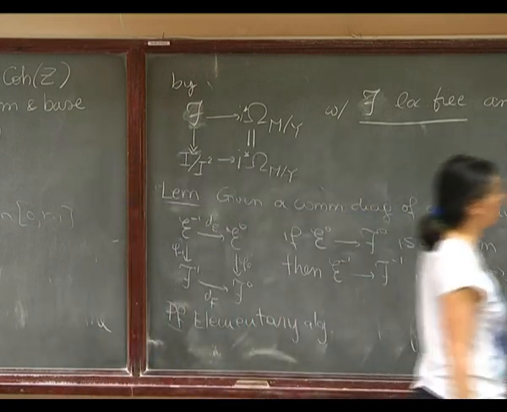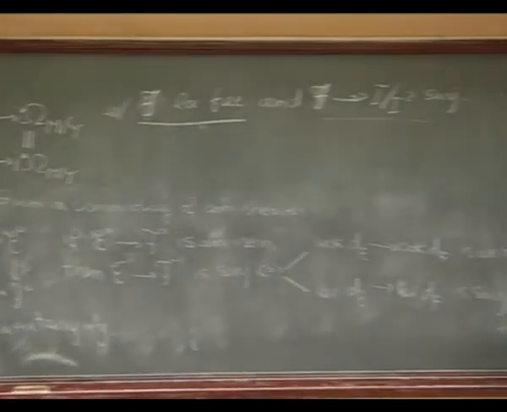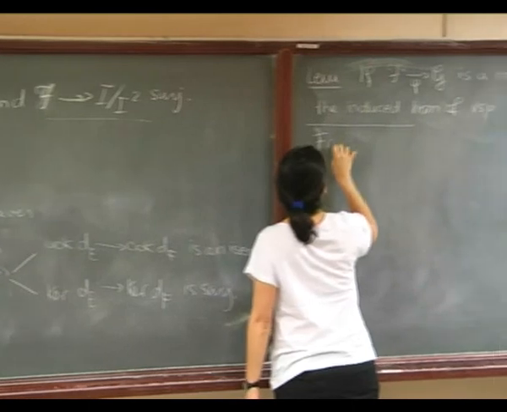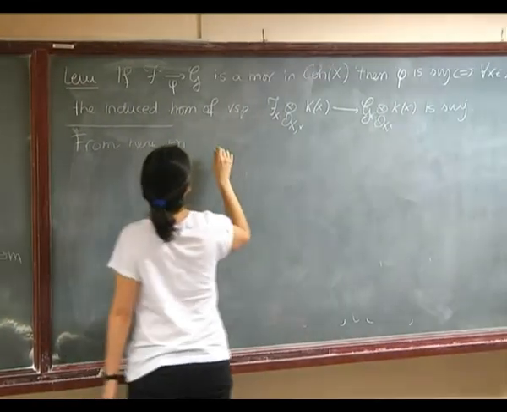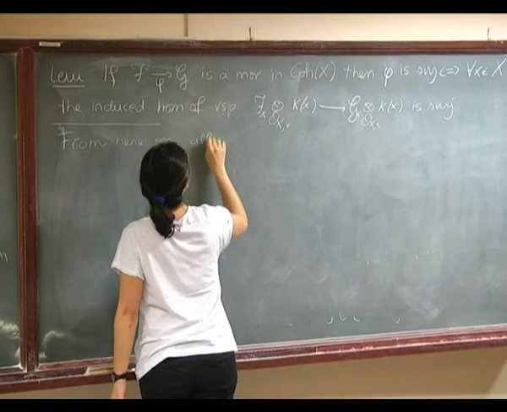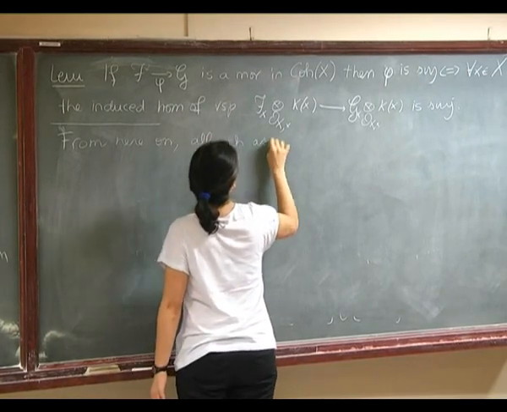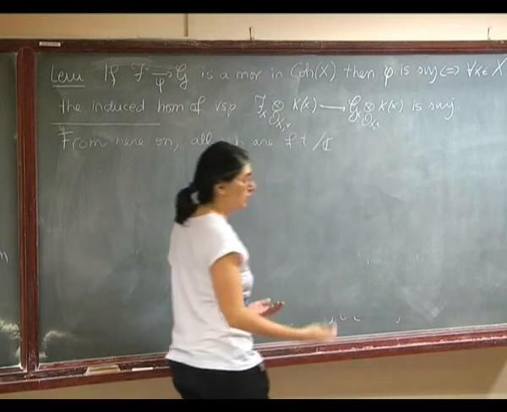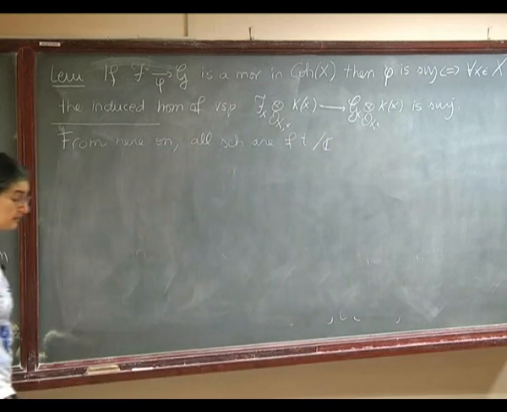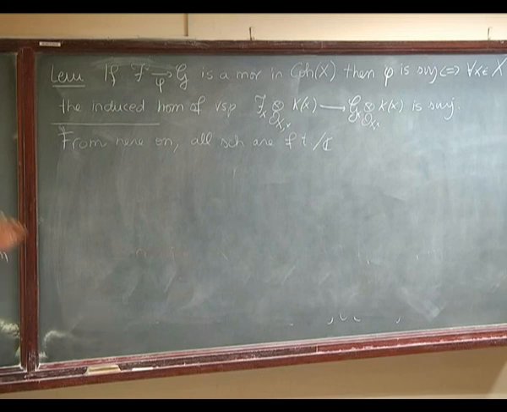So from here on, I will assume for the rest of today that all schemes are of finite type over the complex numbers or an algebraically closed field of characteristic 0. There is a version over an arbitrary field, and there is even a version without base field.